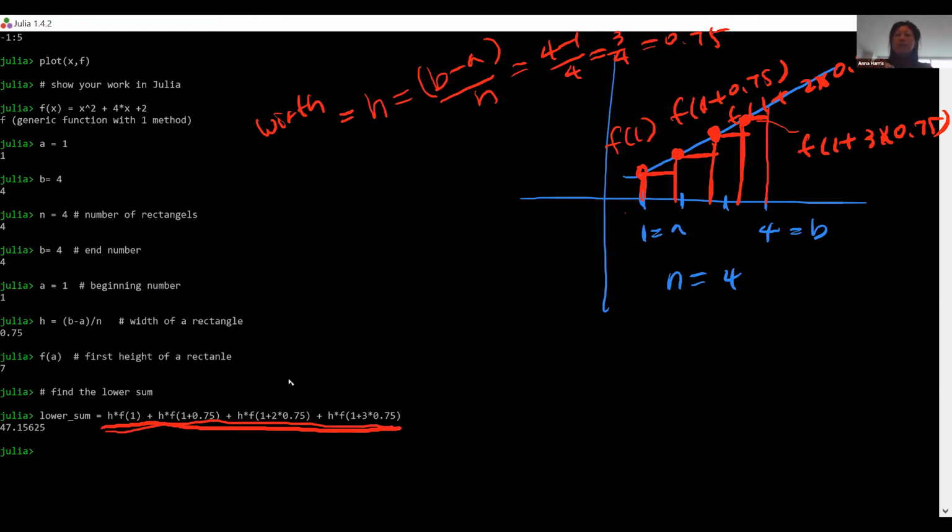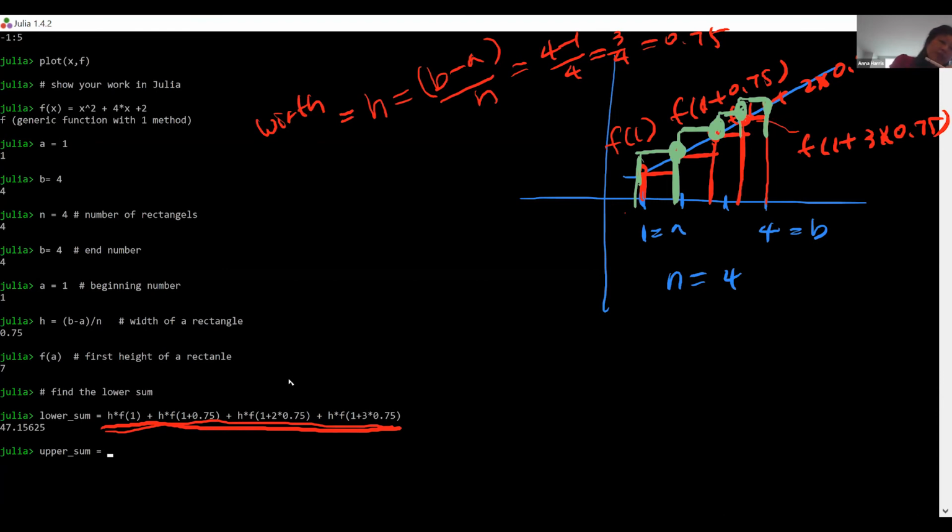Okay, now let's do upper sum. So upper sum starts with where? Upper sum starts with over here. So that's my first one. That's my second one. That's my third one. That's my fourth one.